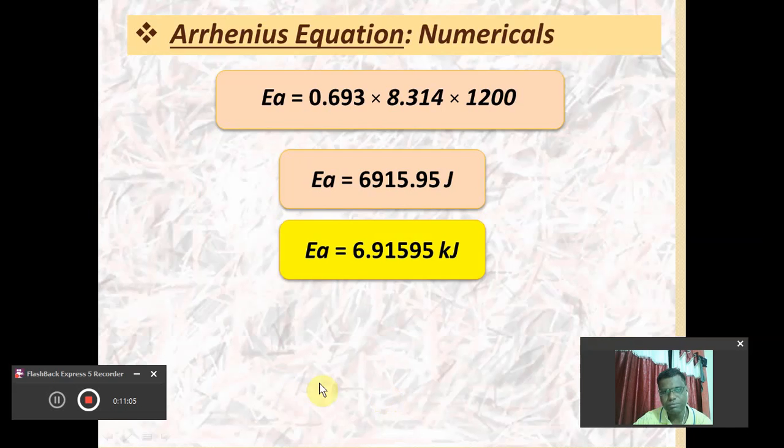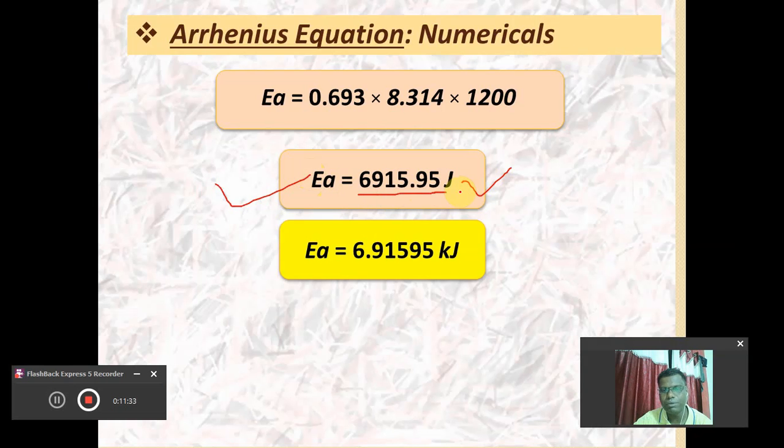And after solving this we get the value, which is equal to 6915.95 joule. This is in joule because, dear students, dear friends, initially the value of R was 8.314, so we put the value of R in joule, so this is also the energy.